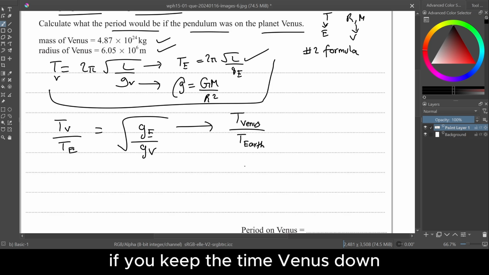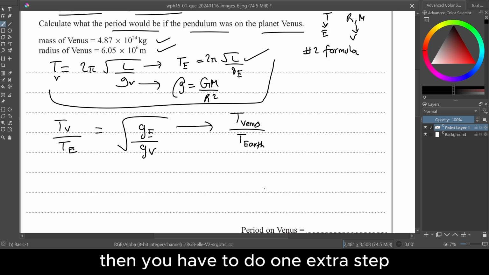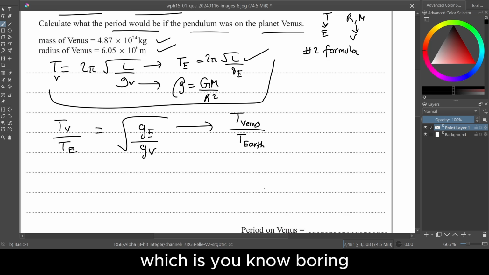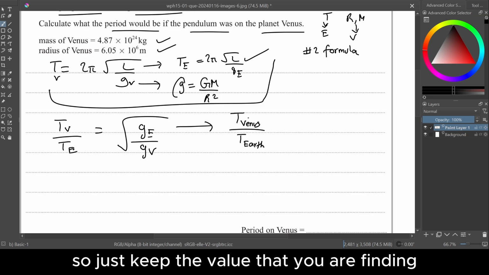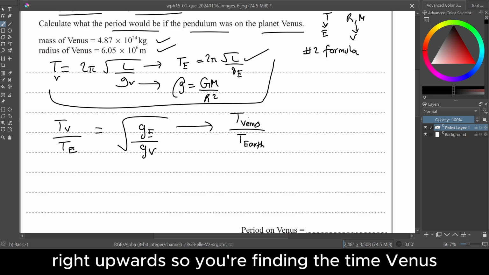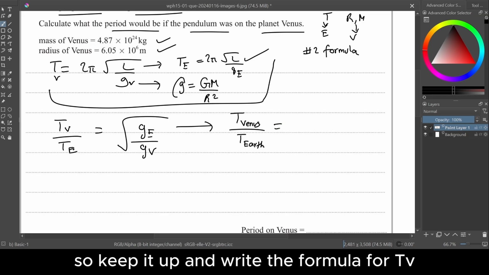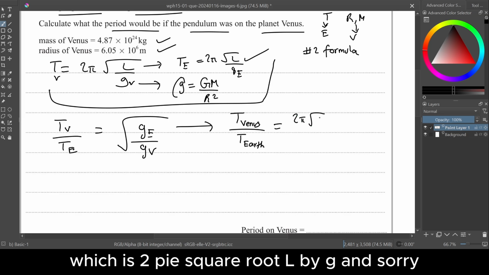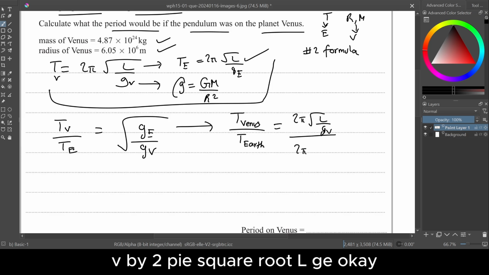If you keep the time for Venus down, then you have to do one extra step, which is boring. So just keep the value you're finding upwards. So you're finding the time for Venus, so you keep it up, and write the formula for TV, which is 2 pi square root L by GV, over 2 pi square root L by GE.